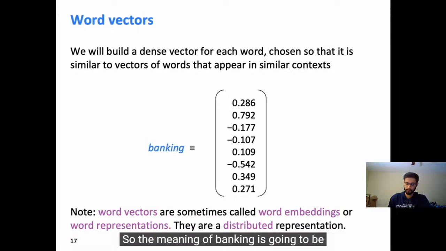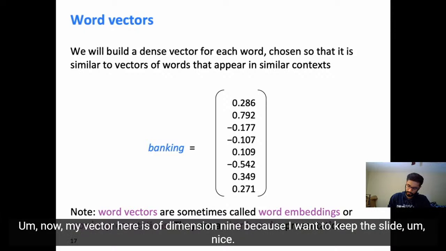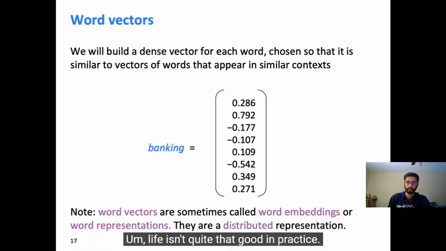So the meaning of banking is going to be distributed over the dimensions of this vector. Now, my vector here is of dimension 9 because I want to keep the slide nice. Life isn't quite that good.